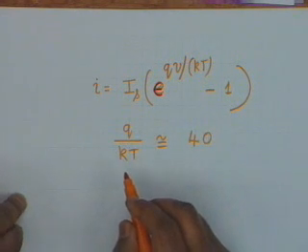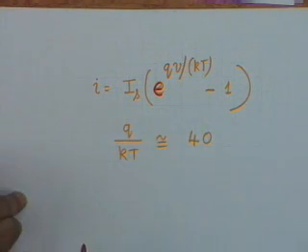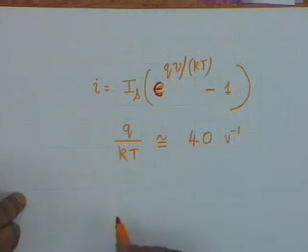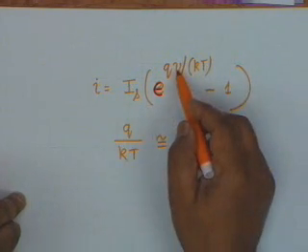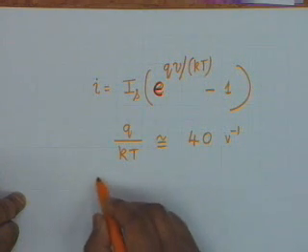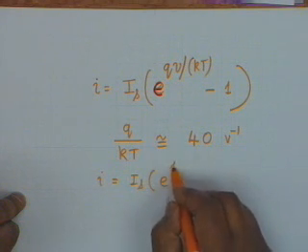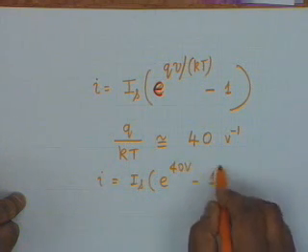What will be the unit? Unit of q by kT? 1 by volt. So volt to the minus 1. Because the clue is that when multiplied by volt, it must be dimensionless. All right. And therefore, I is equal to Is e to the power 40V minus 1.